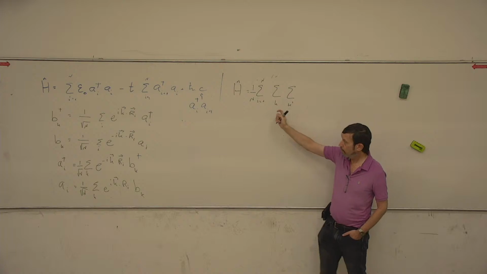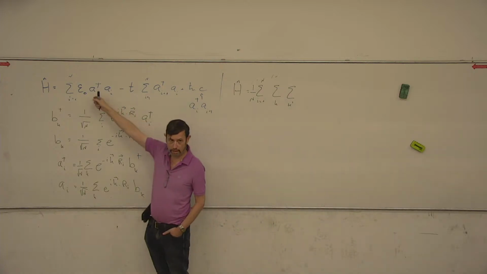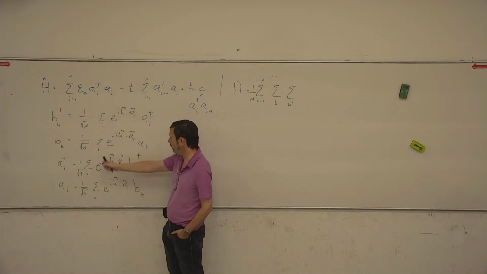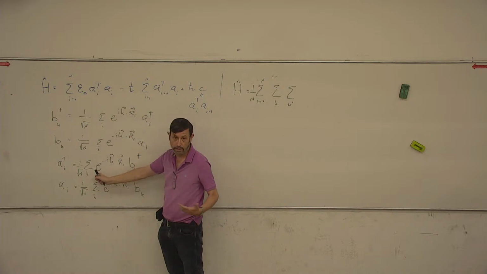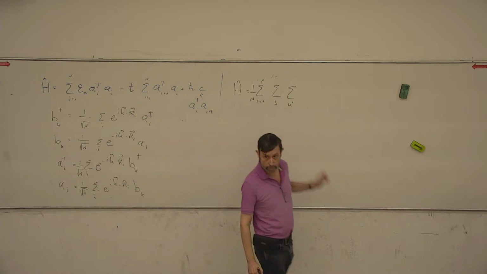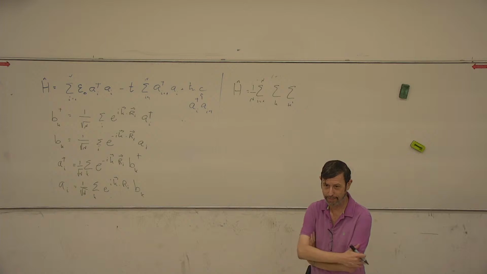Putting here two operators, A_i dagger and A_i, and the summation over k is a mute summation, so I should take two different values of k and k prime.